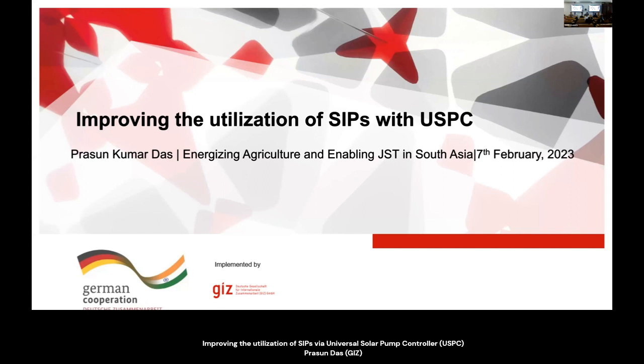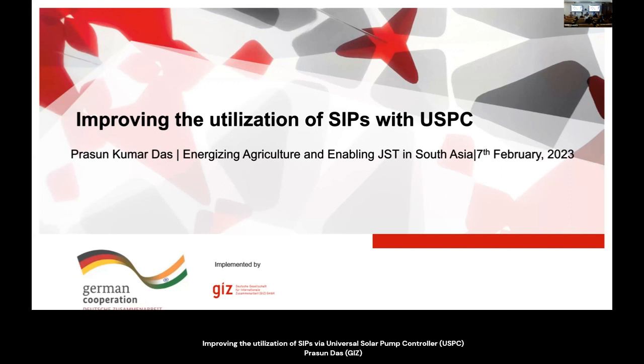Out of that, you can see only one person has used it for an additional application, that is automated, and the others are not utilizing it. When we analyze the result, you can see on the right side, incorrect targeting of farmers. In this scheme, up to 90% subsidy was given, and in the community based one it is up to 100%.